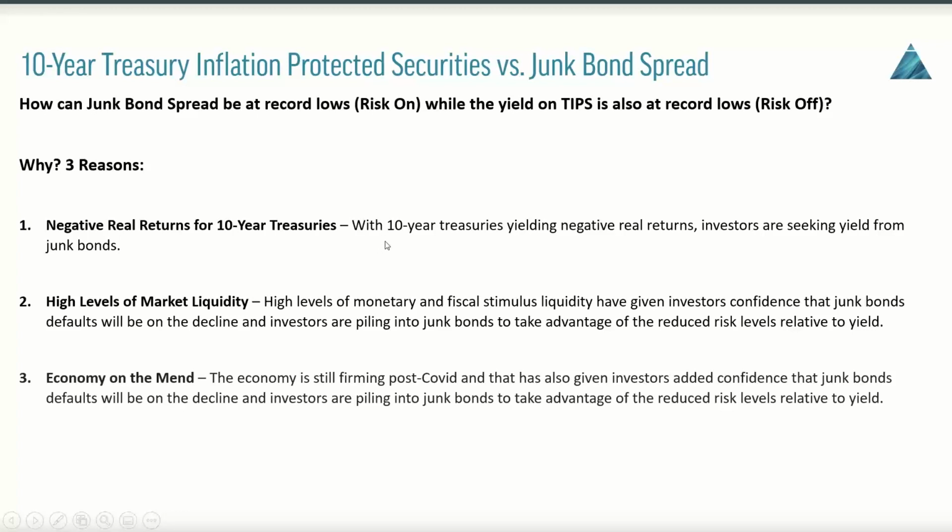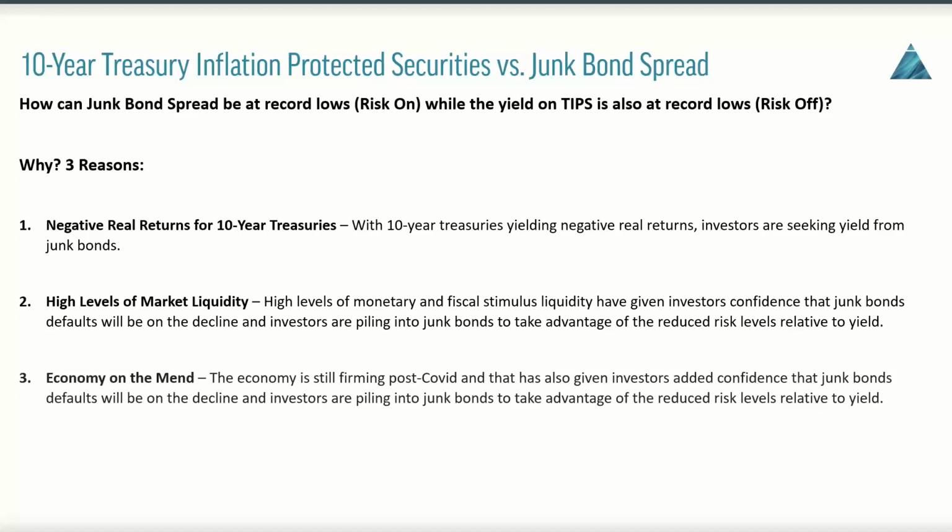So investors are now forced to seek yield from junk bonds to actually get real return. And it's enabled by points 2 and 3 below, okay, that we have these high levels of market liquidity right now. These high levels of monetary and fiscal stimulus are providing this liquidity that's giving investors confidence that junk bond defaults will be on the decline.